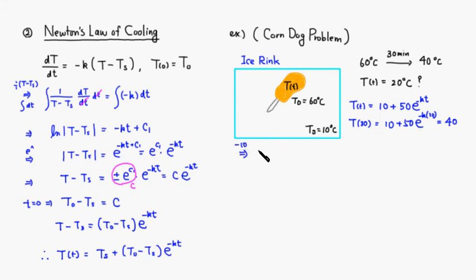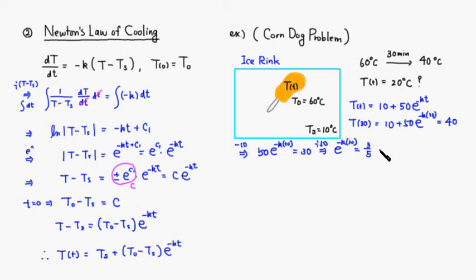You will get 50 e to the negative k times 30 is equal to 30. Then divide through by 50, and you will get e to the negative k times 30 is equal to 30 divided by 50, which is 3/5.